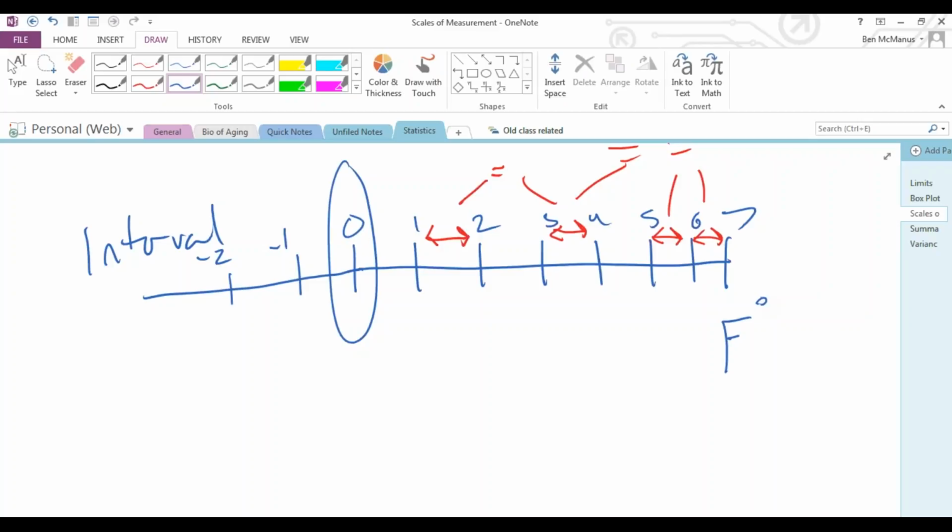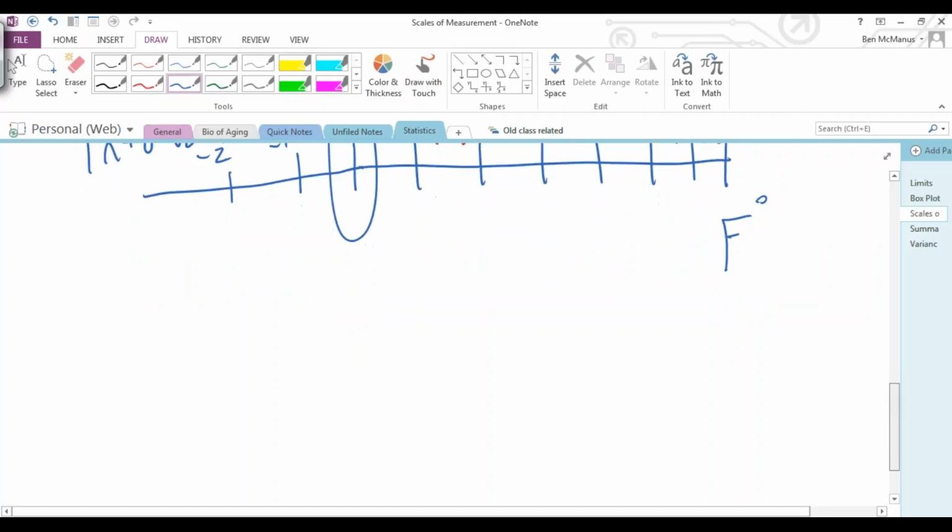Does 0 mean the absolute absence of temperature? No. 0 just means, hey, it's 0 degrees Fahrenheit, and it can go even lower. So 0 does not represent an absence of that data, or an absence of whatever it is you're measuring. It's there. 0 is just a point on the scale. You can then get into the negatives, and that still has a meaningful value towards what you're measuring.